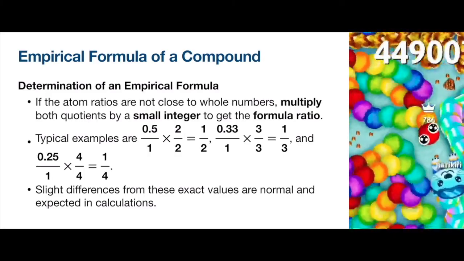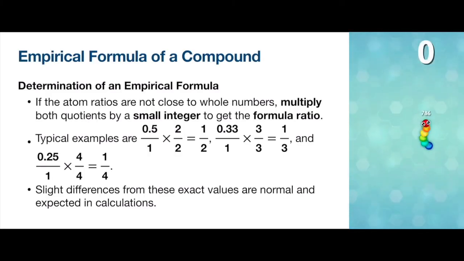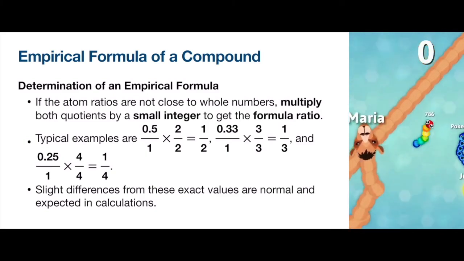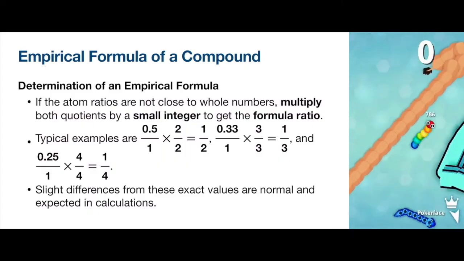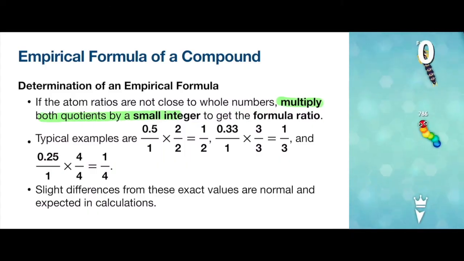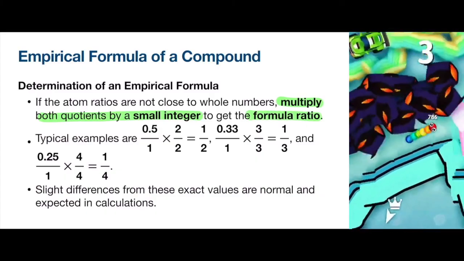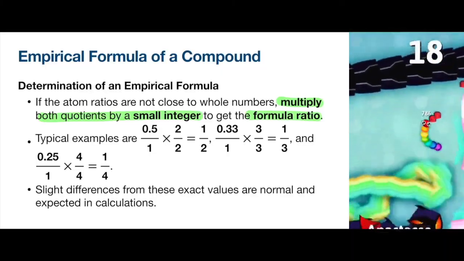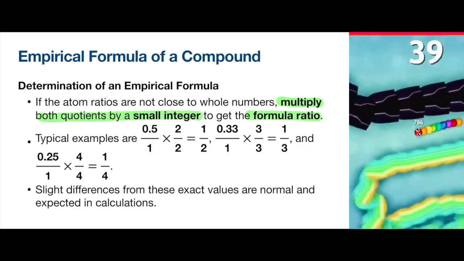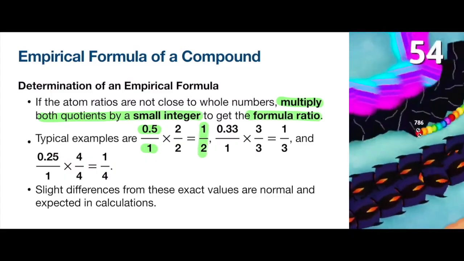With regards to rounding off the amount ratio to the formula ratio, if atom ratios are not close to whole numbers, for example 0.5, 0.25, 0.33, and so forth, we multiply both quantities by a small integer to get the formula ratio. Again, the formula ratio must be in whole numbers. Typical examples: if the amount ratio is 0.5 to 1, we multiply both sides by 2, and we get 1 to 2.